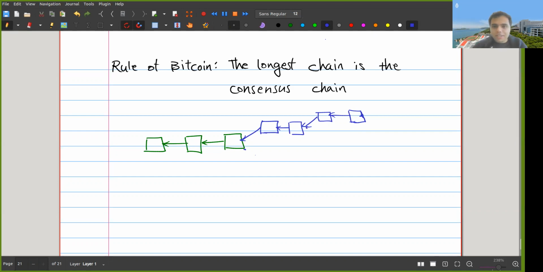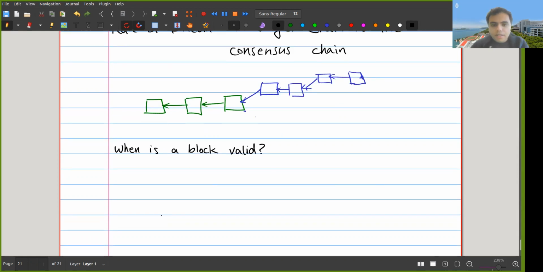So let's actually talk about this. Let's talk about when a block is valid. So when is a block valid? And this is actually the check that you will do as a node when you receive a new block that you want to add to your blockchain.